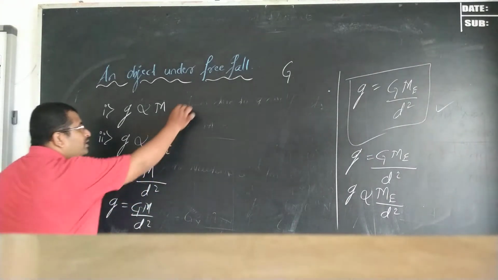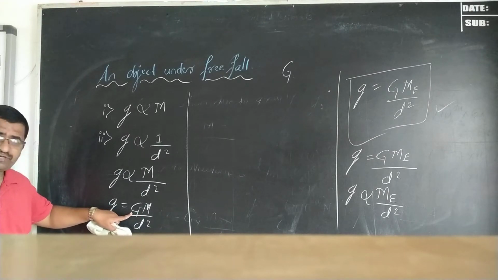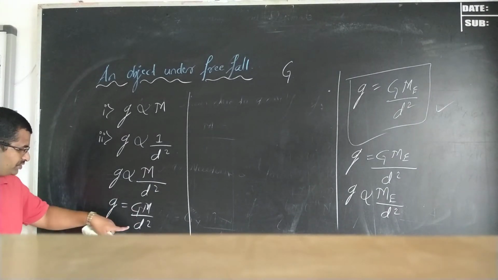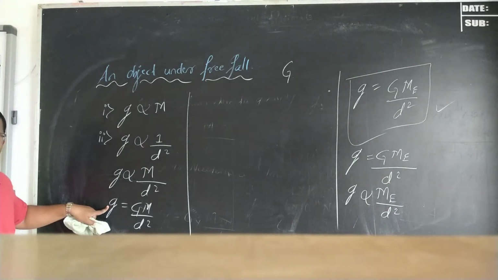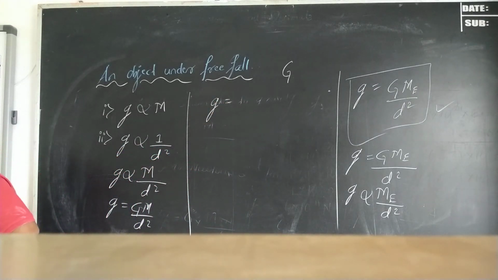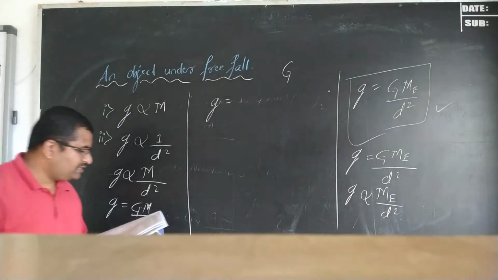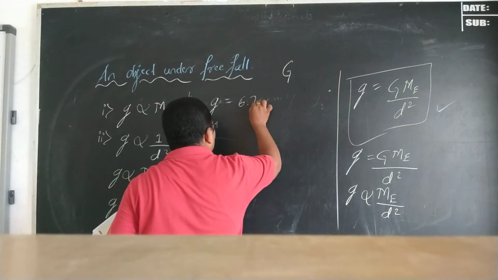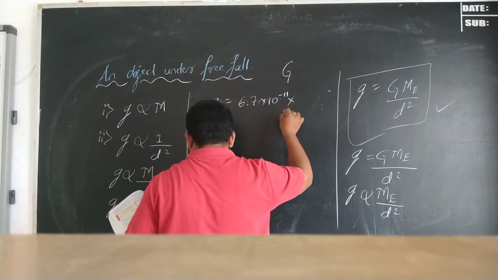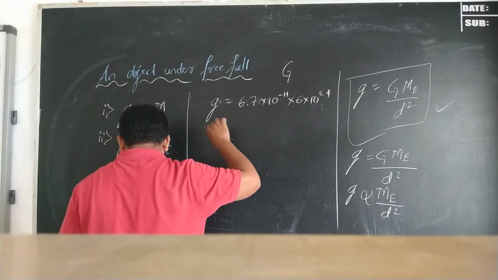Now, if we substitute the values of the gravitational constant, the mass of the earth and the distance, we will get the value of g. In yesterday's class I taught you that the value of capital G is 6.7 × 10⁻¹¹, and the mass of the earth is 6 × 10²⁴.